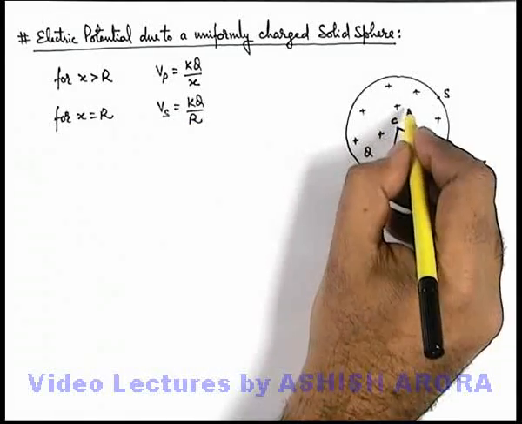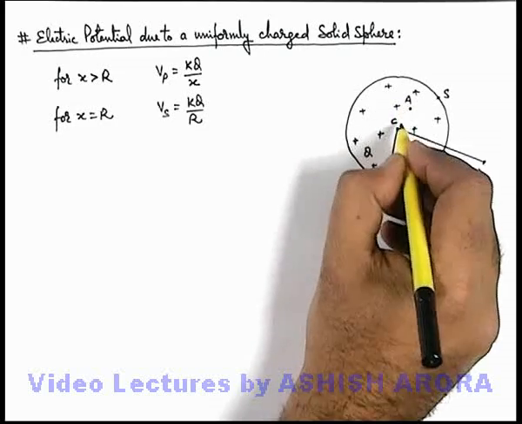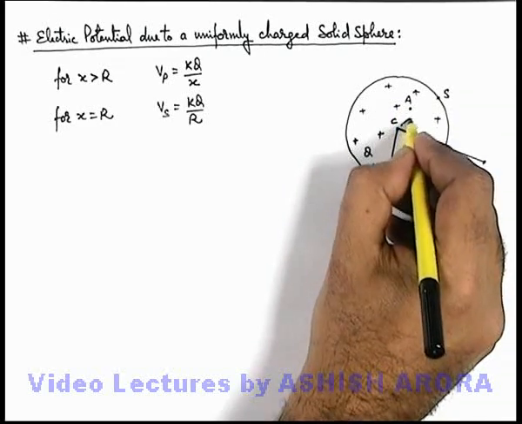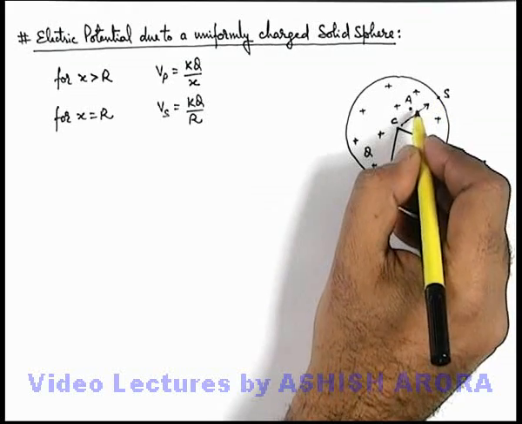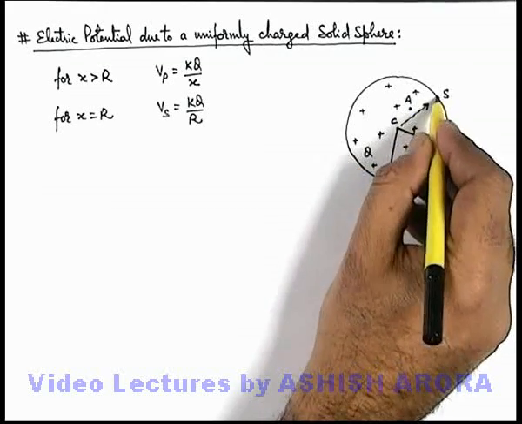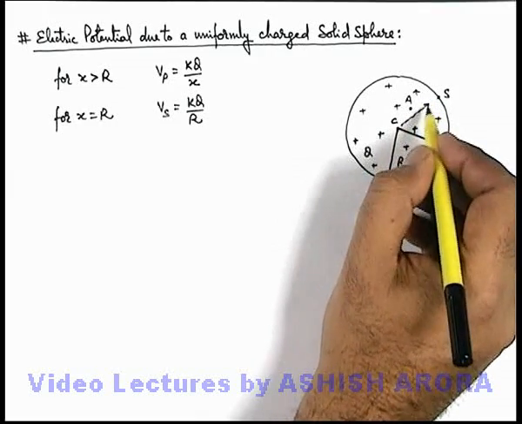Now, if we talk about an interior point, say this is a point A, then we know that the electric field exists in the radially outward direction. Then if we talk about point A and point S, in the direction of the electric field we know potential decreases.